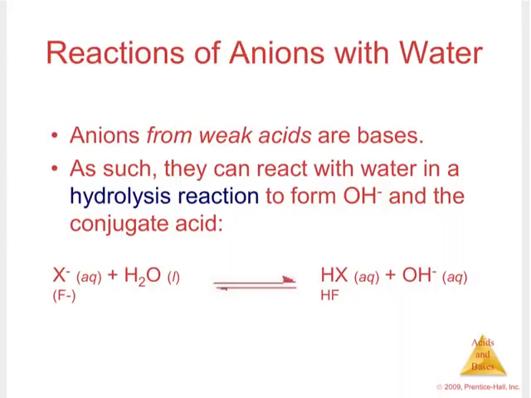We learned in a previous chapter that anions, or negatively charged ions, are going to behave as bases in solution. Now you know that the name for that kind of reaction is a hydrolysis reaction.